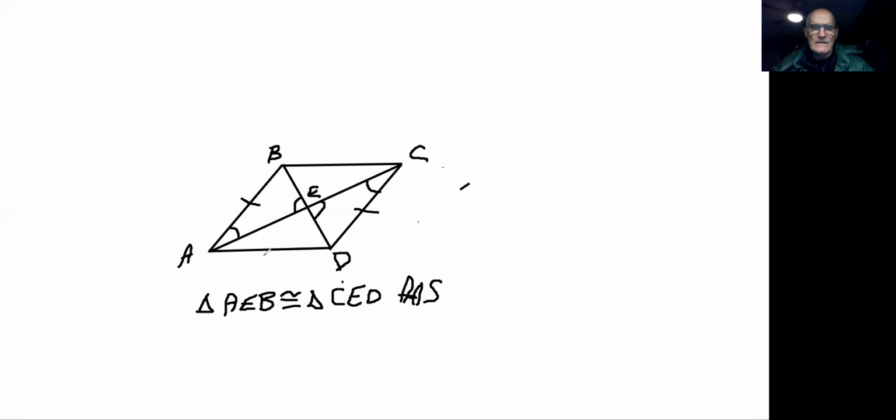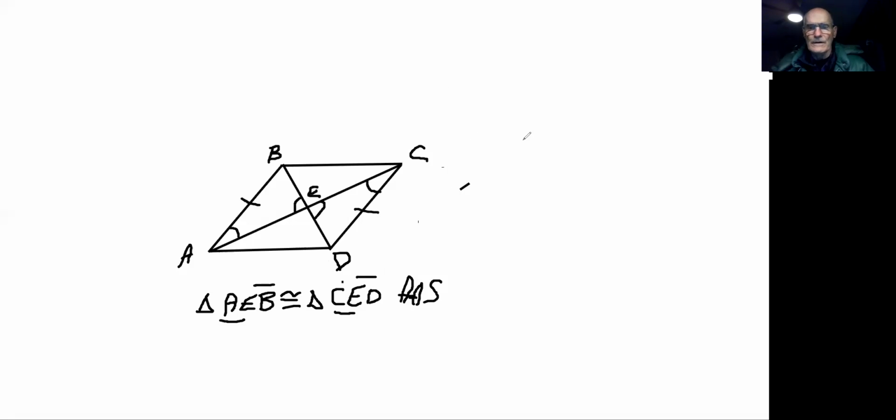And then if you'll notice, now I can say that AE is equal to CE, and BE is equal to DE. So I've proven that the diagonals of parallelograms bisect each other.